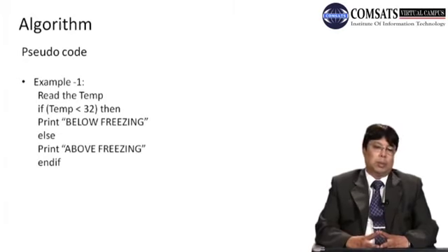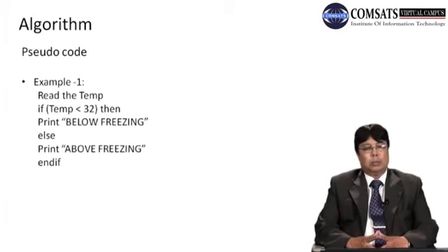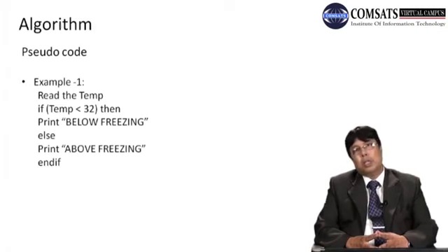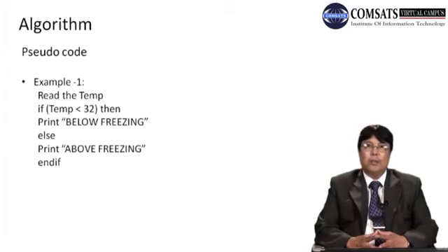Let's develop the algorithm. Read the temperature. This is not a statement written in a programming language. This is a statement written in pseudocode. It is up to you how you would prefer to write this pseudocode. Next, the processing part. If temperature is less than 32, then print below freezing, else print above freezing, end if.